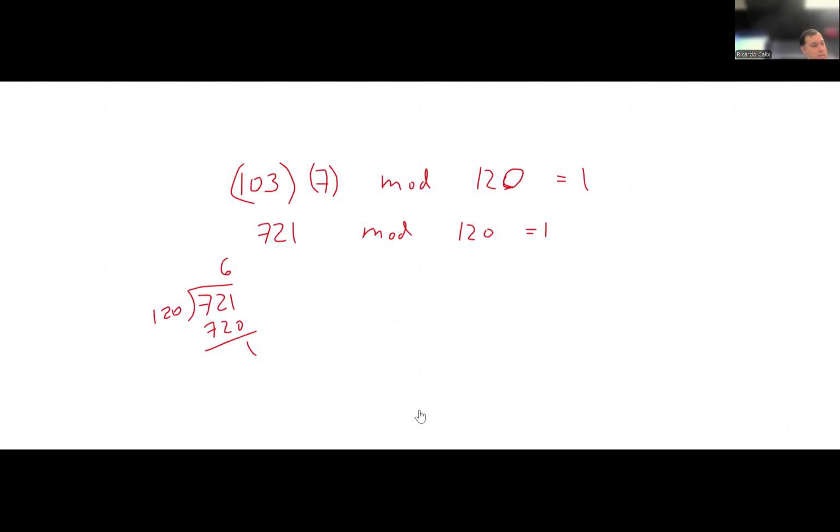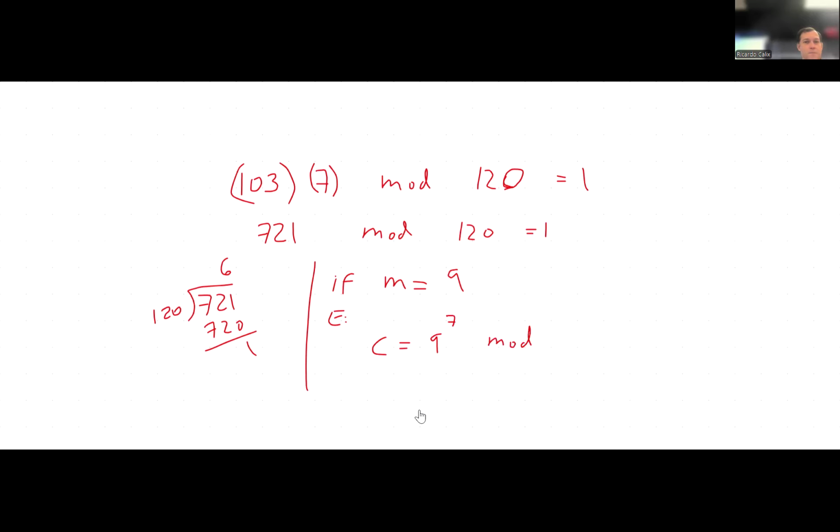So to finish up this problem, if m equals 9, then to encrypt, we would do C equals 9 to the 7 mod n, right?